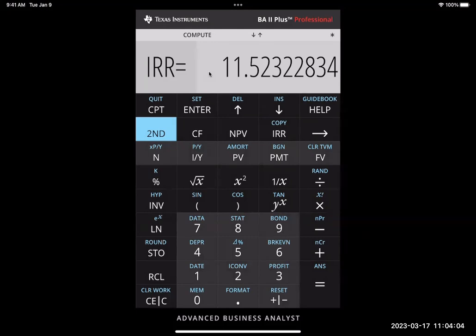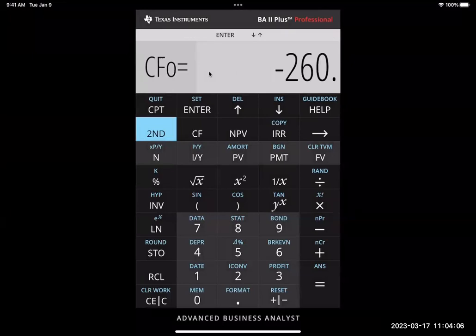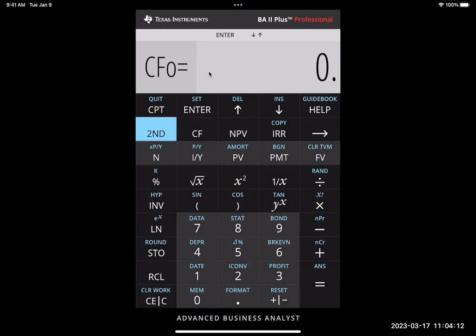But let me do it again and make sure what it is. So CF, I cleared everything, and then you enter negative 260, enter, scroll down. 250 positive, enter, scroll down. There's only one, so you scroll again, go to C2.